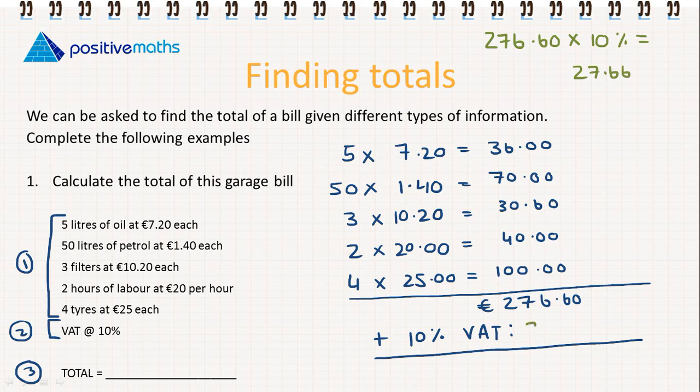So we're adding that on. So our total then is going to be €304.26. So we'll fill that in over here. Just to watch out here, we can be asked to add on VAT onto the bills.